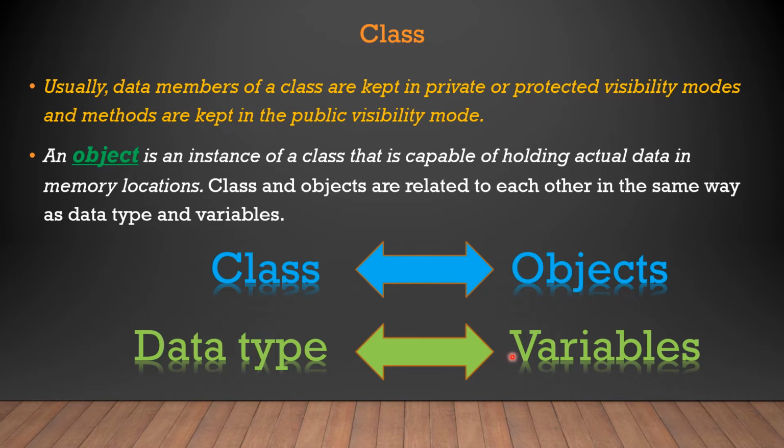For example, an object is an instance of a class. So in a similar way, if we take a hypothetical example, then we can say that a variable is a kind of object and a data type is a type of class. So in this way, we can say that they are related to each other in the same way.